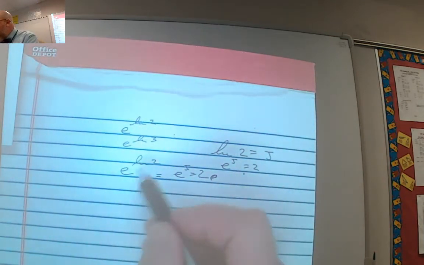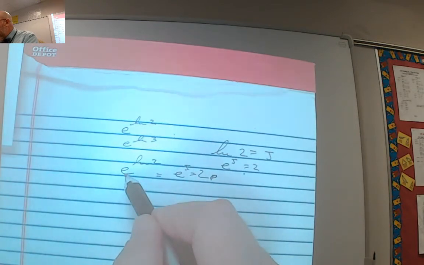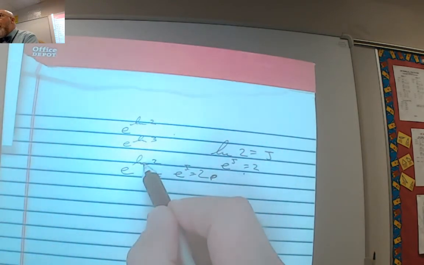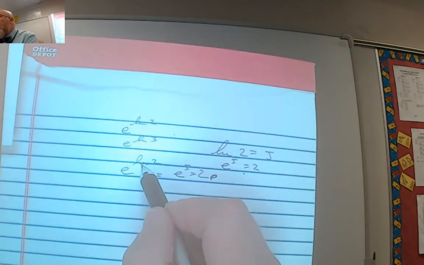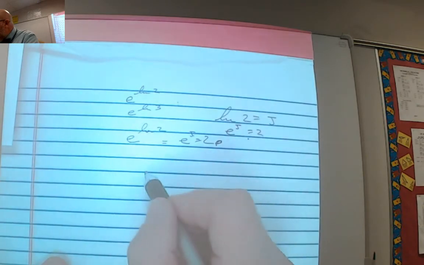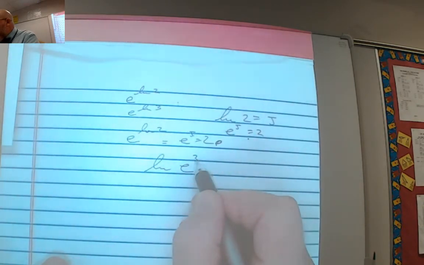In other words, e and ln are opposites, they are inverses of each other and cancel each other out, correct? I'll say it again. e and ln are inverses of each other and cancel each other out. What if I said I got the ln of e to the 3rd power?